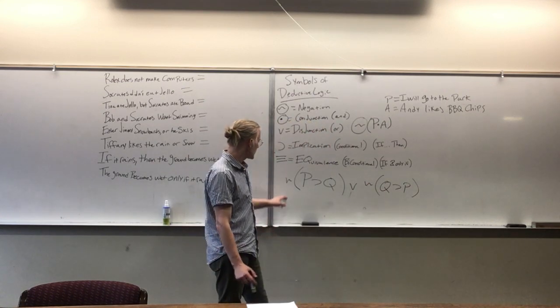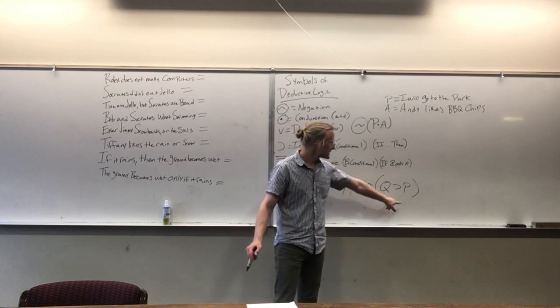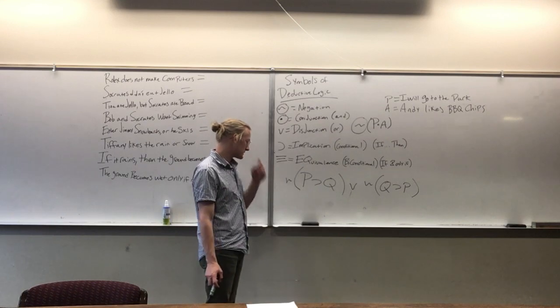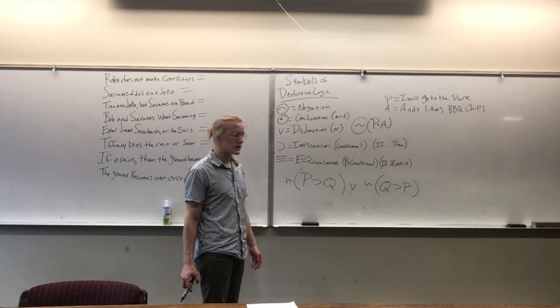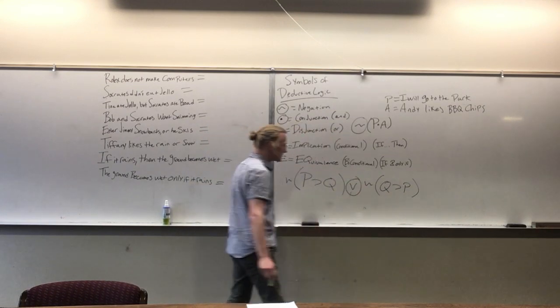And if you can see, it's not the case that if P then Q, or it's not the case that if Q then P, which it turns out is self-contradiction, but we'll get to that in the next video. The operator with the largest scope is the V here in the middle.